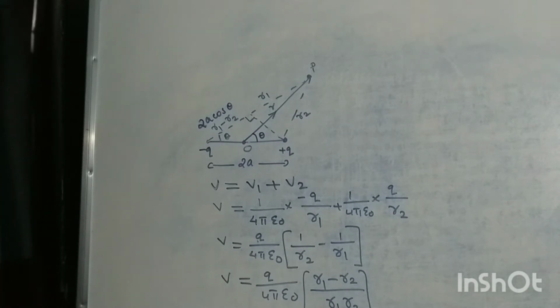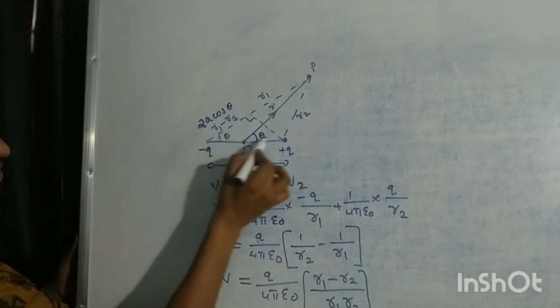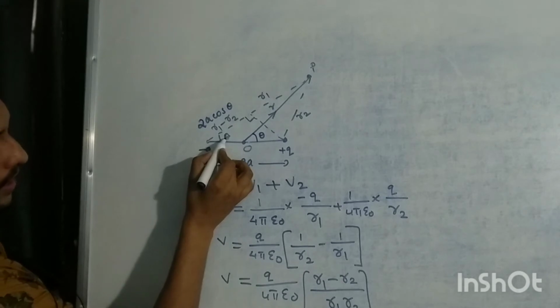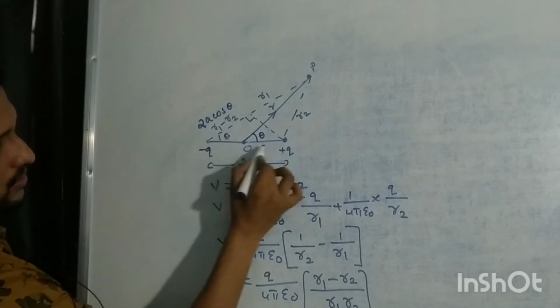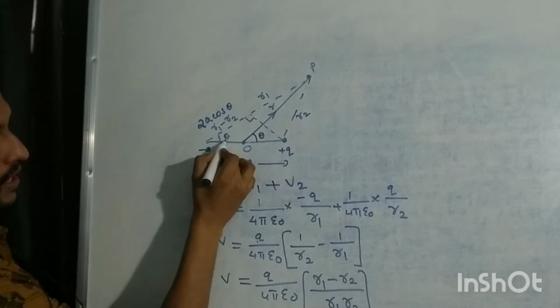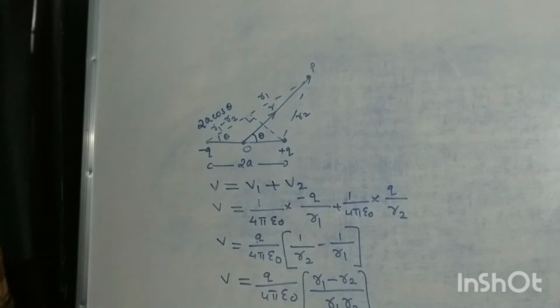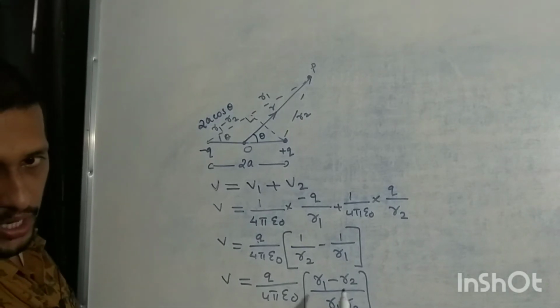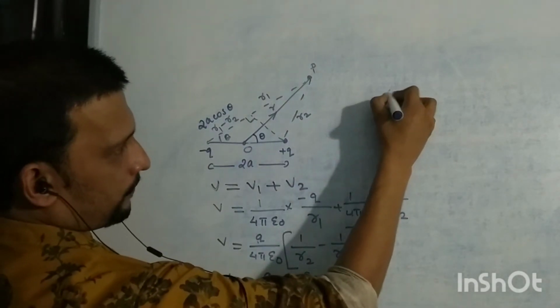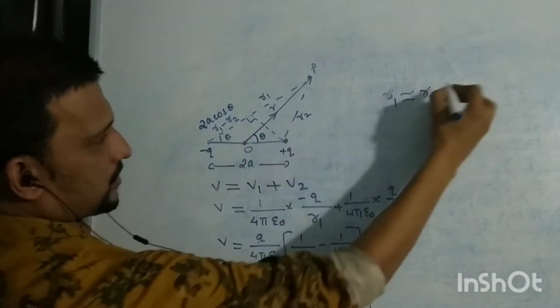Now we are actually approximating something. This distance is r1 minus r2, and this is a right angle triangle. You can see that this distance is 2a and this distance is actually 2a cos theta, when you consider this angle. And also r1 and r2 we can approximate. This angle is small, so r1 is nearly equal to r2, which is nearly equal to this distance r.